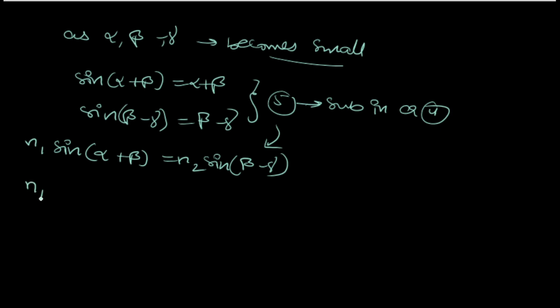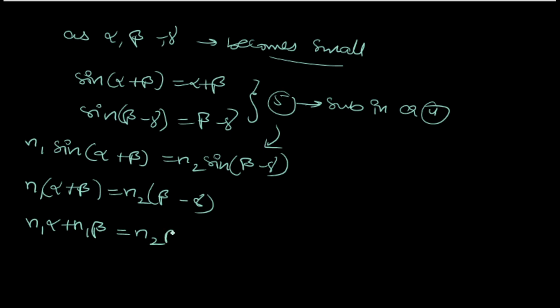Therefore we have n1 into alpha plus beta is equal to n2 into beta minus gamma. Now multiplying, n1 alpha plus n1 beta is equal to n2 beta minus n2 gamma.